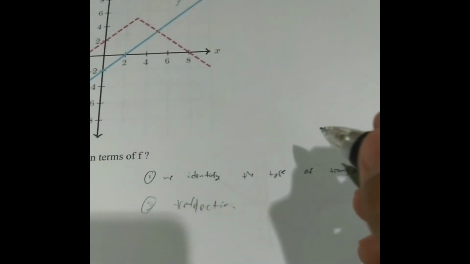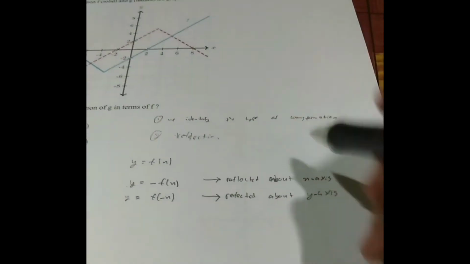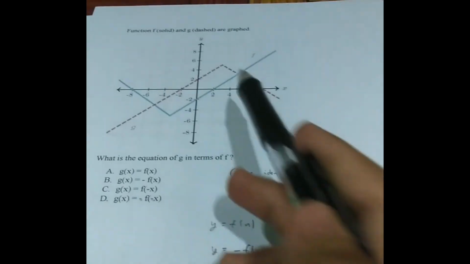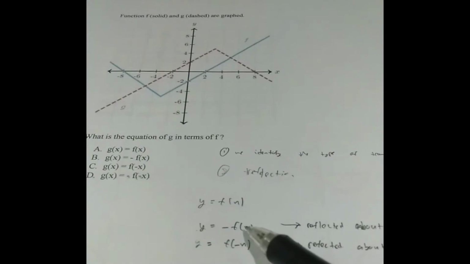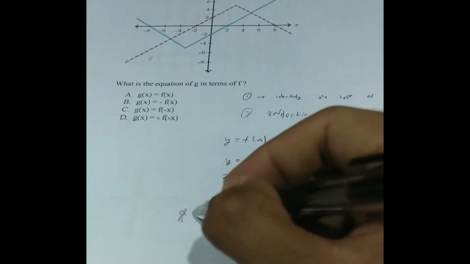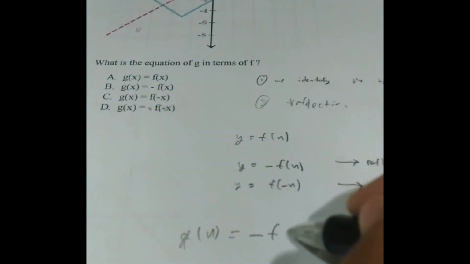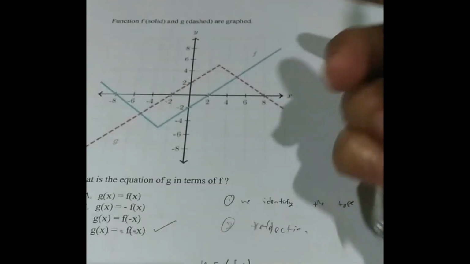Since the graph is reflected on both the x-axis and y-axis, we have to combine the equations. So the answer will be like this: g(x) = -f(-x). So the answer will be D.